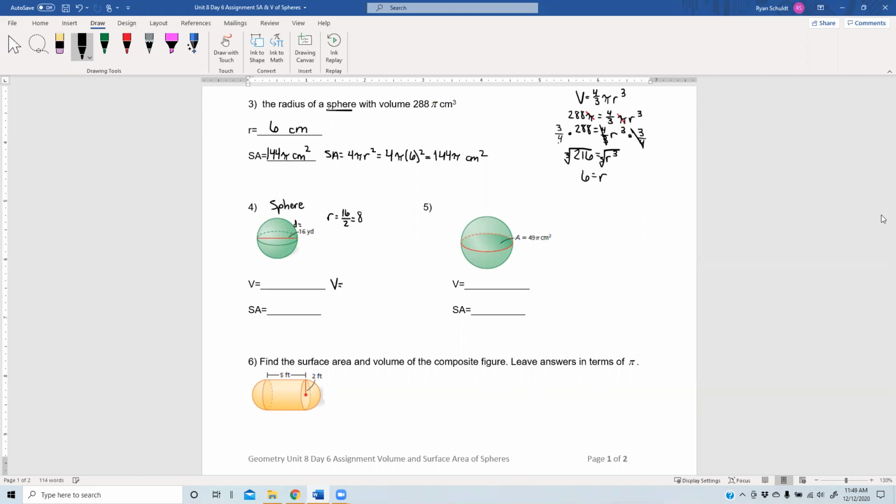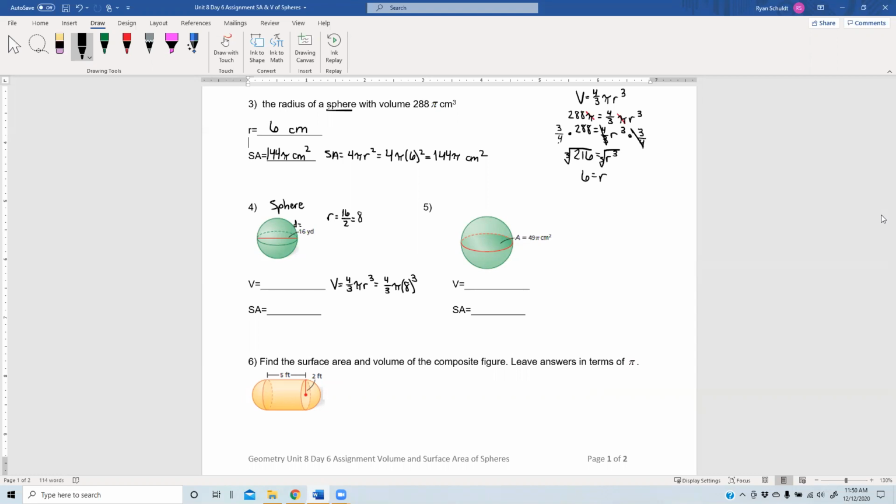So volume of a sphere is 4/3 pi r cubed. So it'd be 4/3 pi times, excuse me, 8 cubed. Type everything in but the pi.